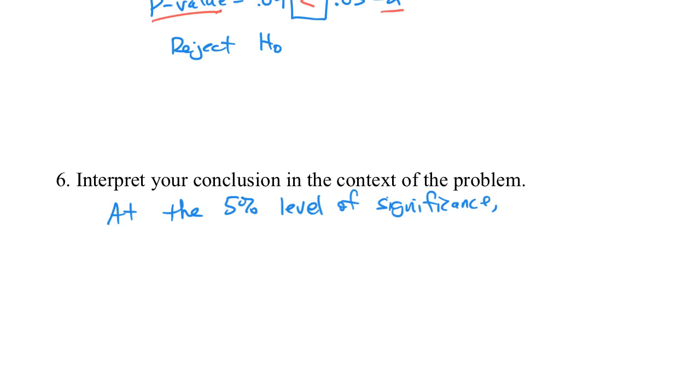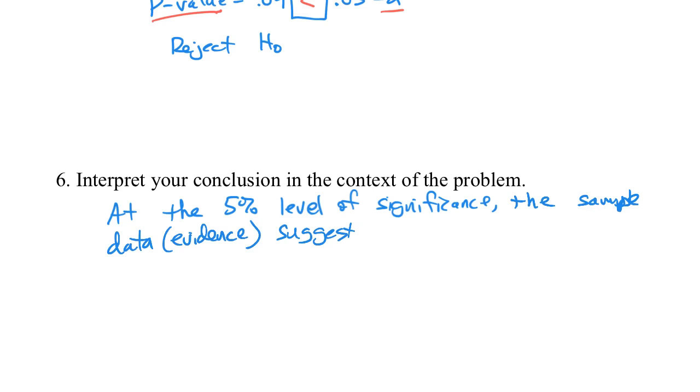So at the 5% level of significance, again, I'm going to use the same format as always. I'm going to say the sample data or evidence, because again, our sample data, that is our evidence. The sample data suggests that, okay, now look what I'm going to say. We rejected H0, which means we're going with H1, right? So I'm going to write H1, but in words.